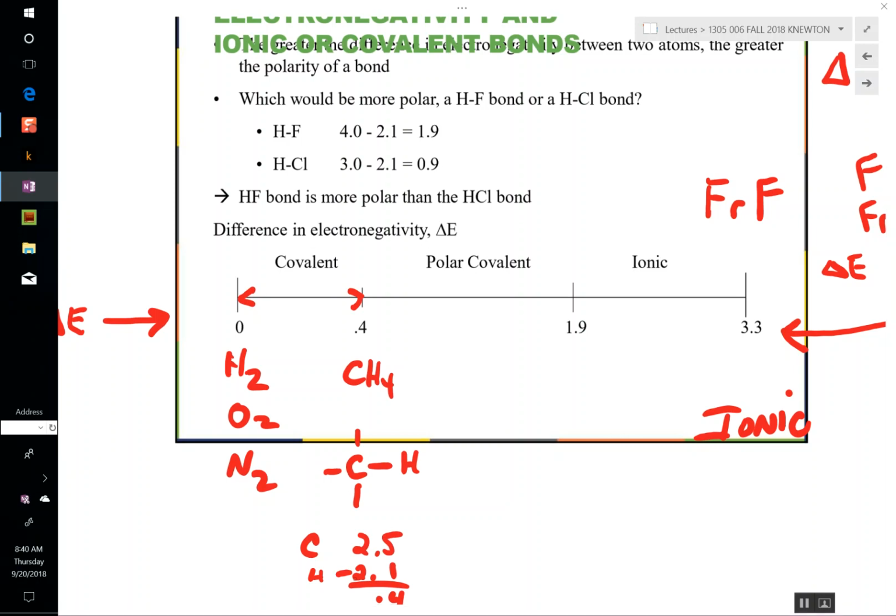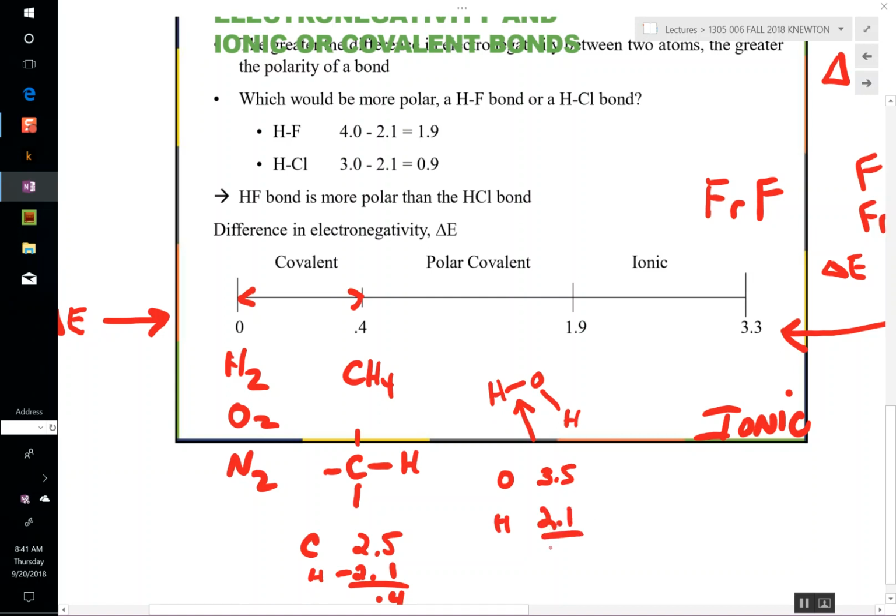So this is a covalent molecule, a molecule held together by essentially covalent bonds. Now let's take water, H2O, and look at one of the bonds. Oxygen is 3.5.